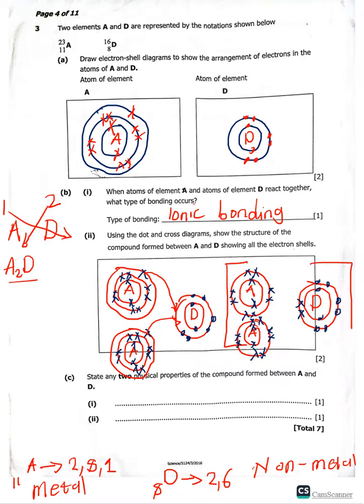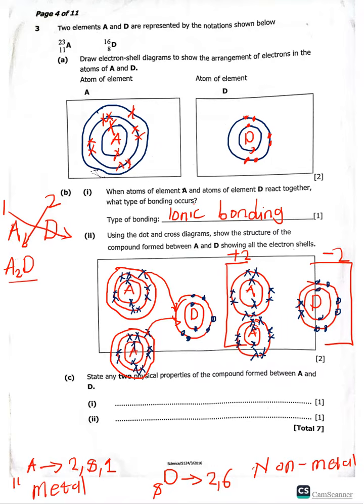So now this is our final answer. Then we will put a -2 here, indicating that D has gained 2 more electrons. Then we'll put a +2 here, indicating the 2 electrons that were lost by the 2 atoms of A.